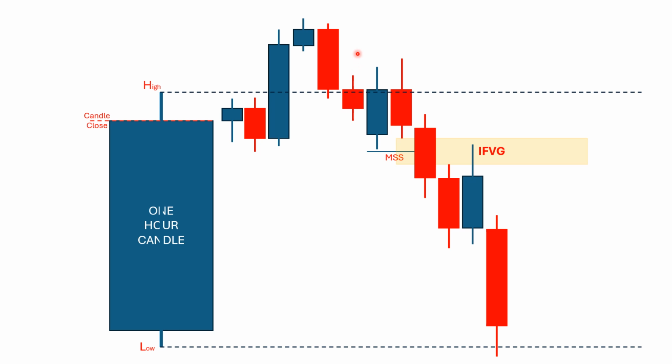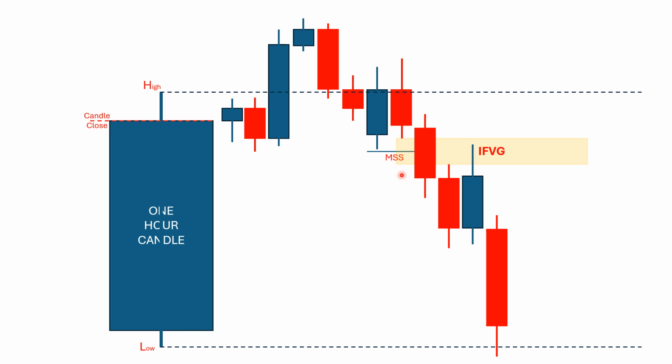So you can take your trade there and then drop to the downside. But maybe you missed there, or maybe you were doubting yourself. You are still waiting for that market structure shift. So when the market makes a swing low here, and then tries to go up and then comes down, you can mark this as your market structure shift.